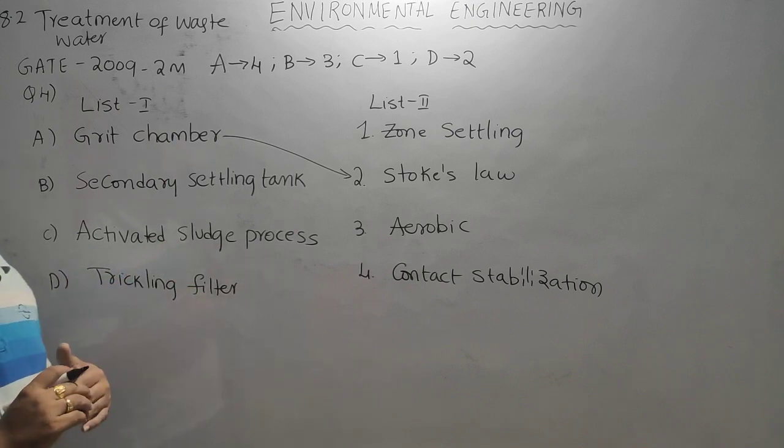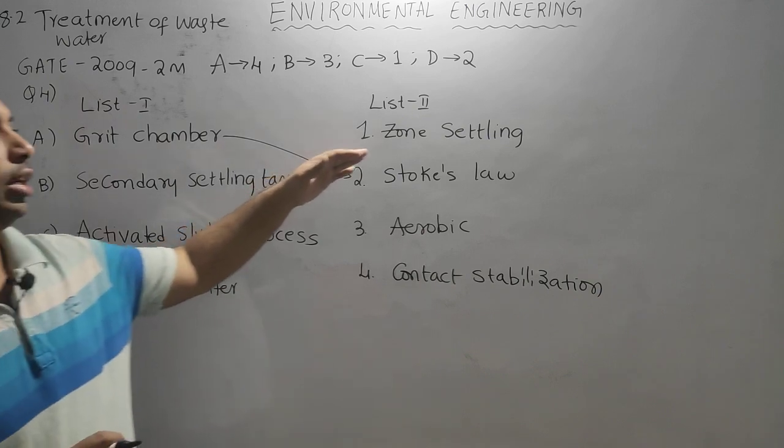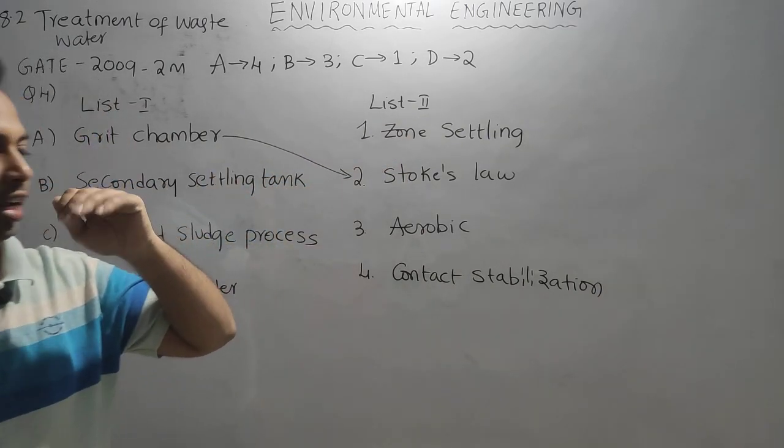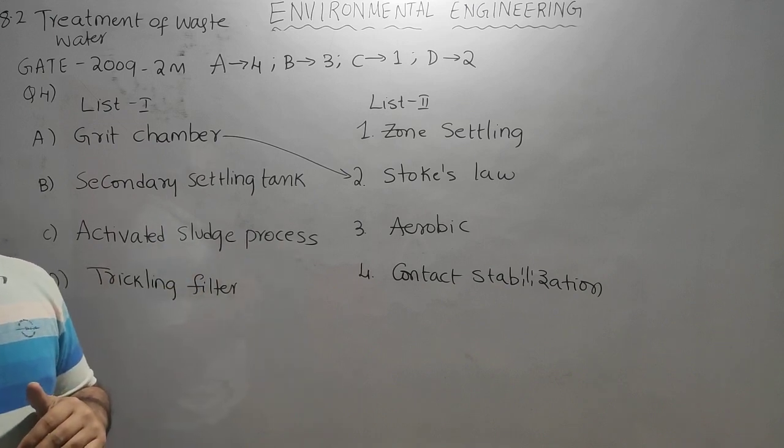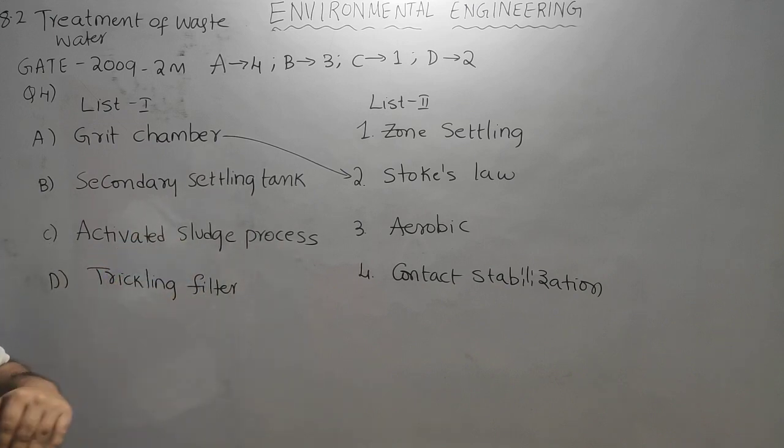This zone settling we observe in the secondary sedimentation tank of water supply, where we use the flock. When the particles are very fine, then we will observe this kind of hindered settling. So hindered or zone settling we observe when there are fine particles. This is a kind of settling we observe generally in settling tanks only. So secondary settling tank is suitable for the zone settling.